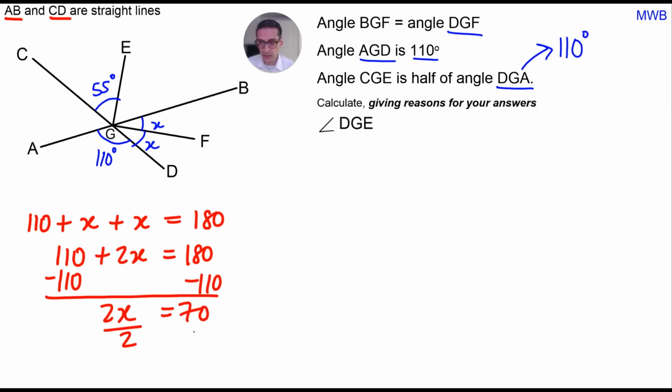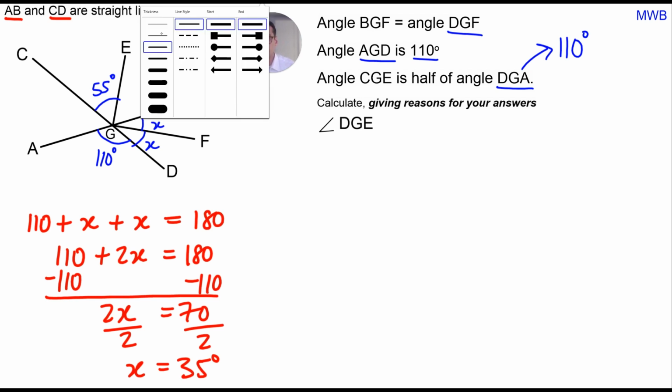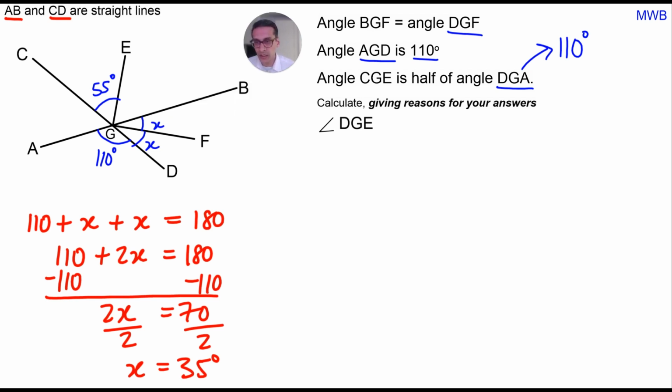So divide by 2, X equals 35 degrees. So we can label this on our diagram. So this is going to be equal to 35 degrees, and this is also equal to 35 degrees.